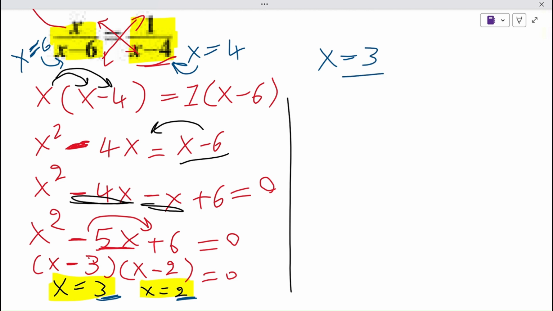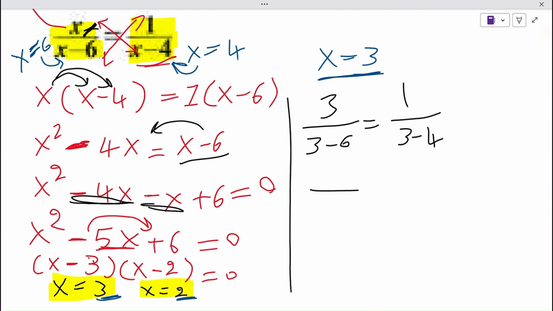Instead of x here, you write 3 over 3 minus 6 is equal to 1 over 3 minus 4. 3 minus 6 is equal to minus 3, and 1 over 3 minus 4 is 1 over minus 1.